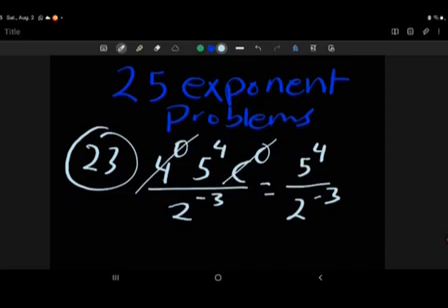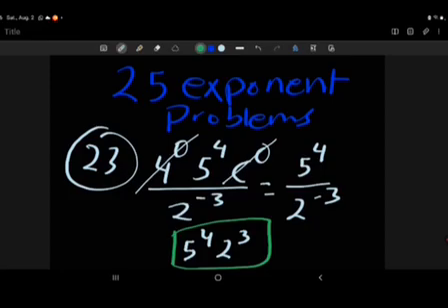It turns out that the negative power is the reciprocal of the positive power, so we're going to end up with this as our solution, a cleaned up version with only positive exponents.